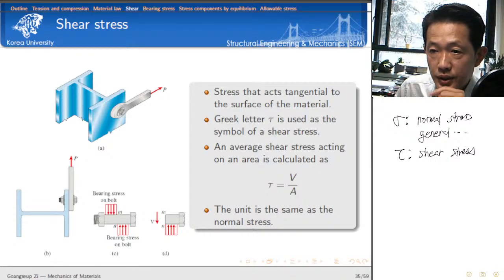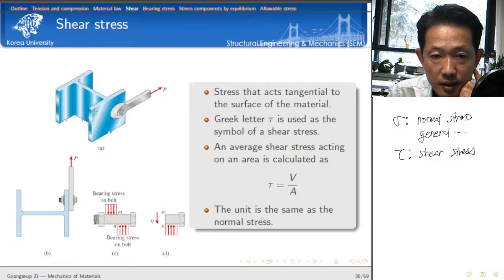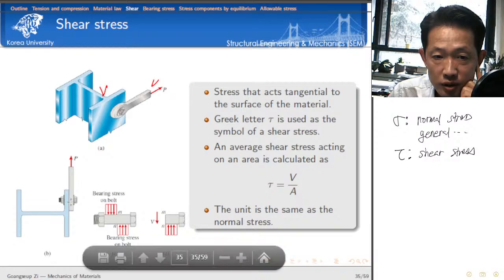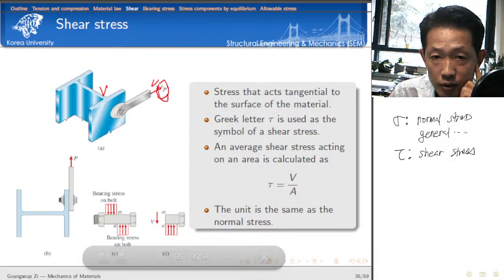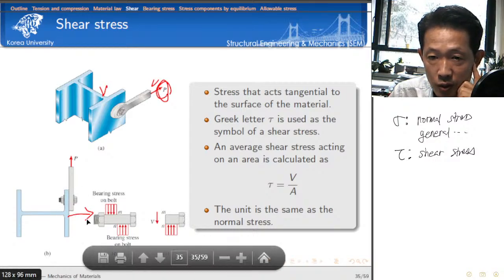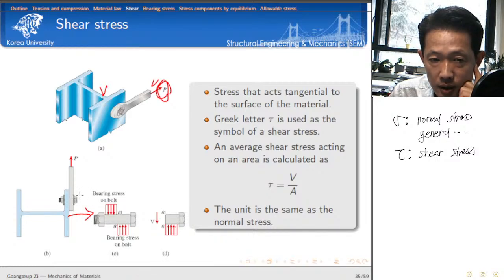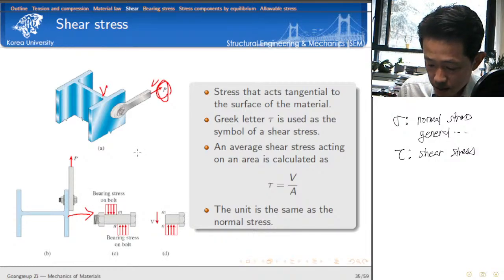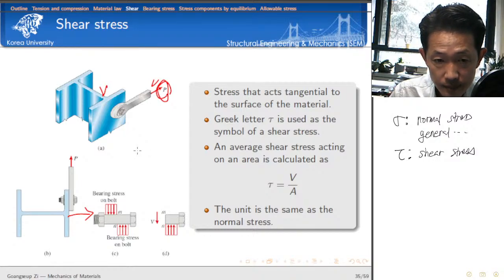Then when we have the shear stress condition, let's imagine that we put a member to the surface of another member using a bolt, and the load magnitude is P. Obviously the direction of load is perpendicular to the direction of surface, isn't it right? The direction of surface is characterized by the normal direction. So for this condition, how do we calculate the shear stress?